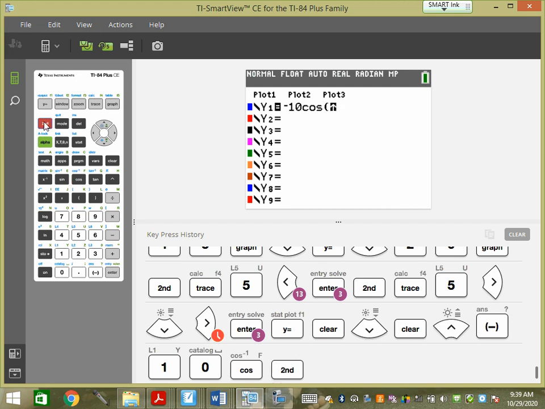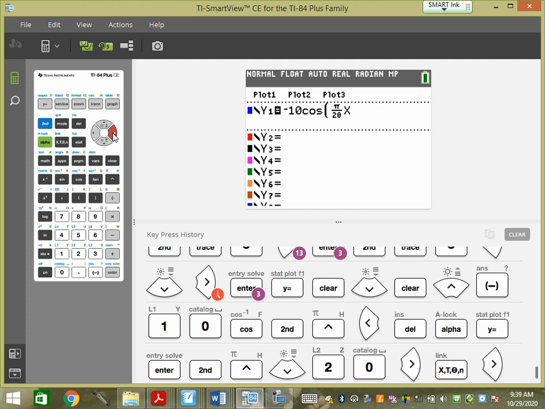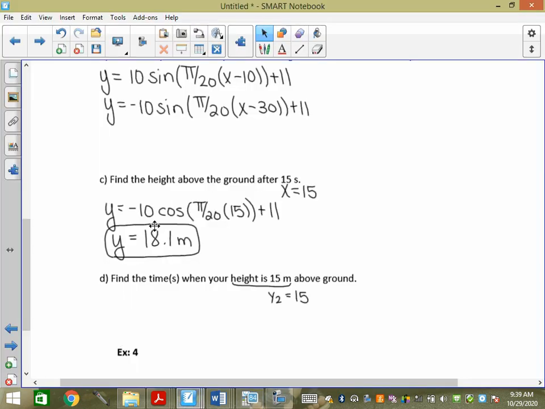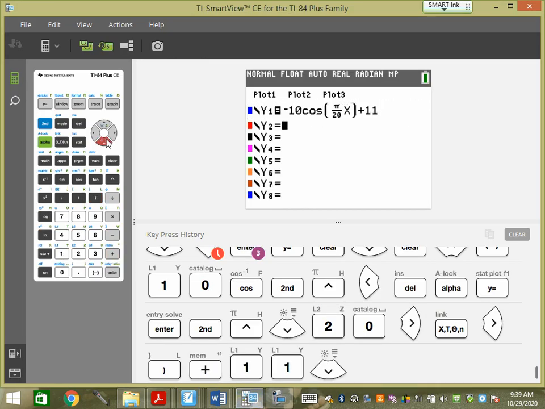I divide by 20. So I can quickly do my mins and maxes as well.